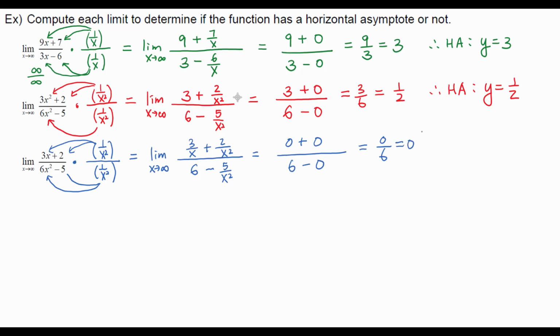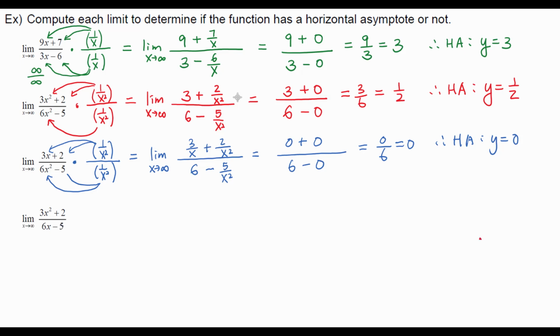And 0 is a real number. So you do have a horizontal asymptote, and the horizontal line will be y equals 0. What is y equals 0, guys? Yes, it is the x-axis. So this rational function will have a horizontal asymptote, which is the x-axis.